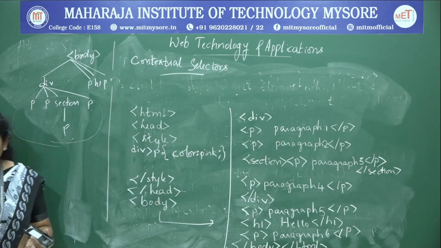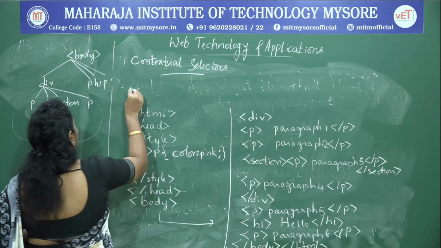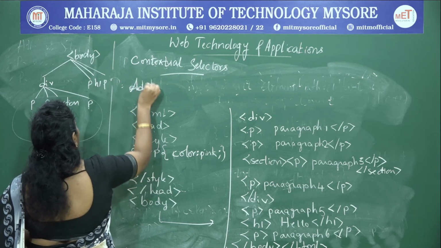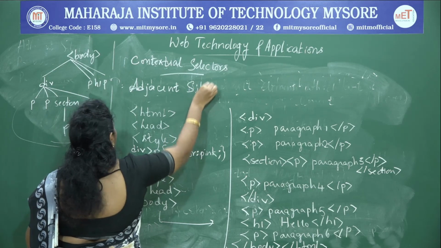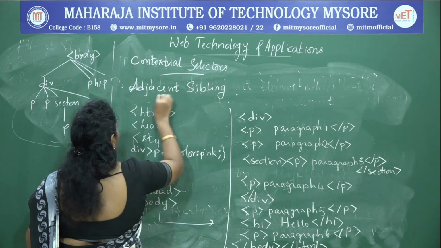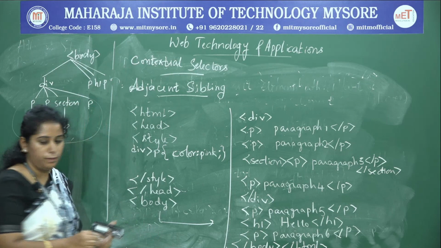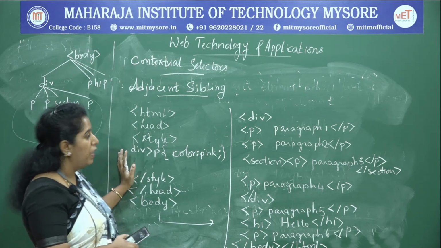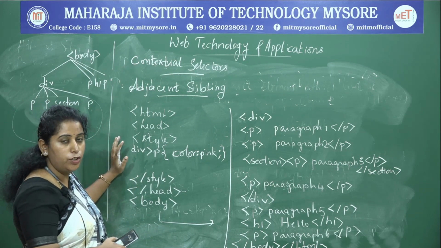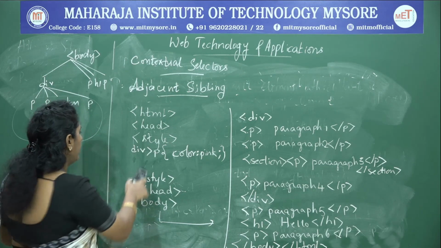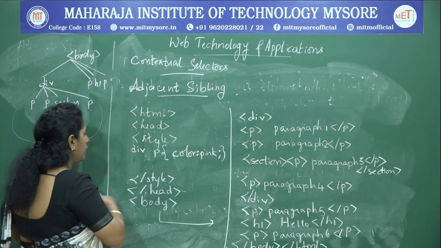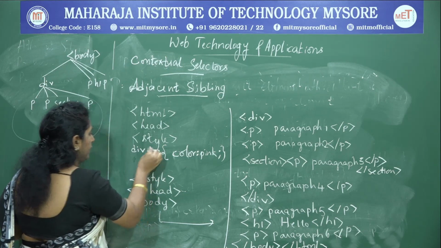So next, another type of selector is adjacent sibling. For adjacent sibling, a specified element should be the next adjacent sibling. Here the selector is used by plus.